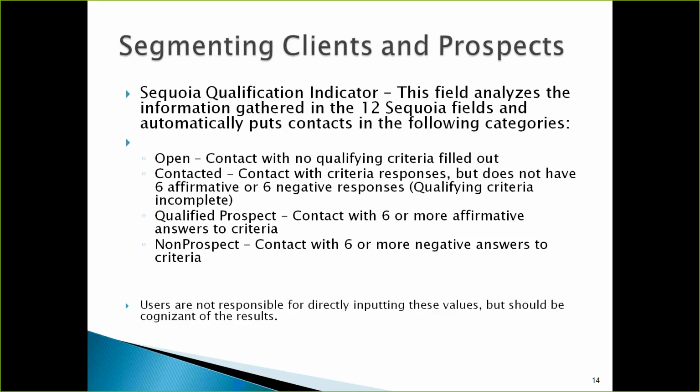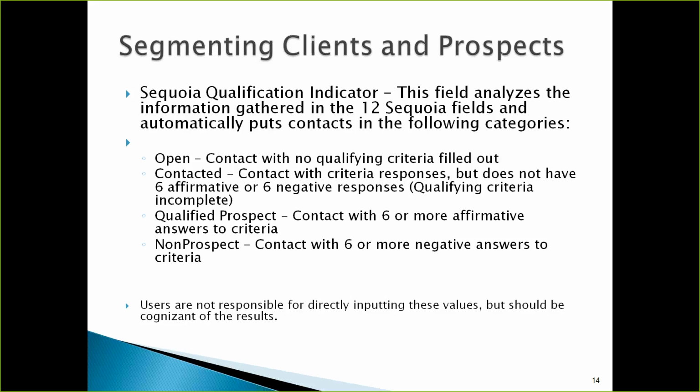If the indicator reads contacted, that means we've gathered some information, but not enough to determine whether or not they're a qualified prospect or a non-prospect. A qualified prospect would mean this is a contact where we know six or more of the criteria gathered in the Sequoia fields are answered in the affirmative, or indicate that they're the type of advisors that we generally like working with.